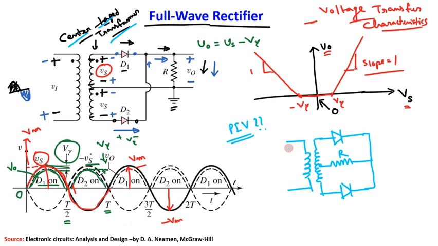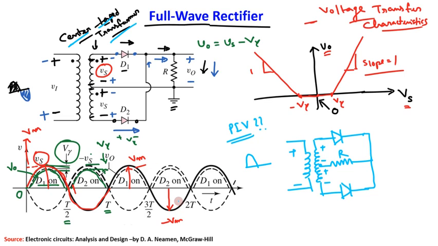So for example, let us consider the first positive half cycle of this primary. So it is positive negative, this is positive negative, this is positive negative. You know PIV is the maximum voltage, and the maximum voltage here is either plus Vm or minus Vm.